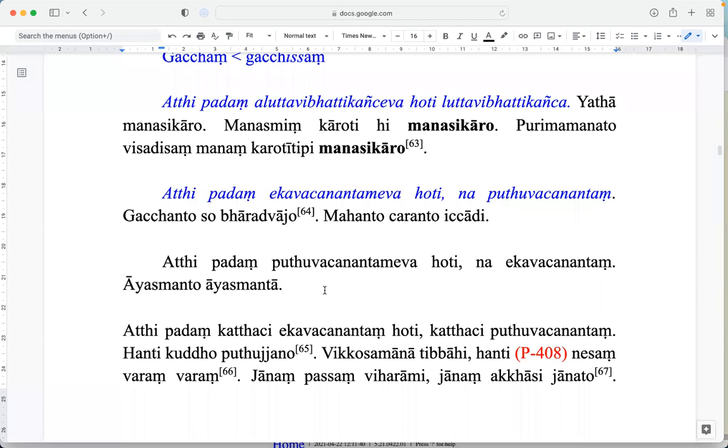So in the present participle, gichando so bara dwajo, and mahando, charando ichadi. Gichando is nominative case singular. But mahando, charando ichadi, what happened?